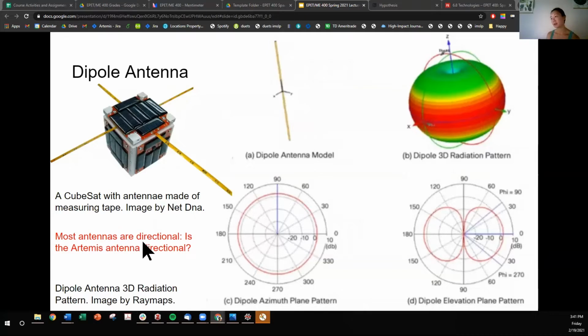Most antennas are directional, like deep space spacecraft are very directional when it's transmitting. It can be a little more omnidirectional when it's receiving. So why is it that the Artemis antenna is this omnidirectional antenna?